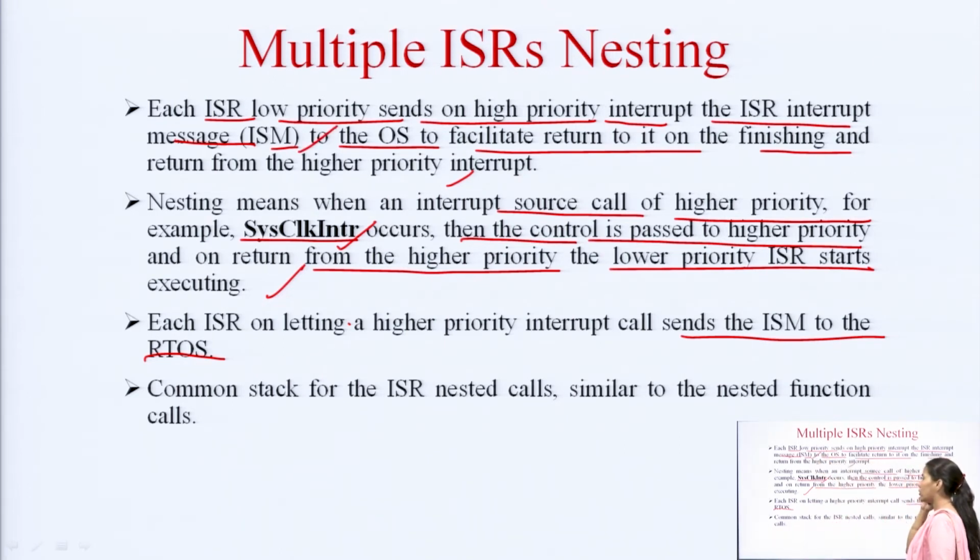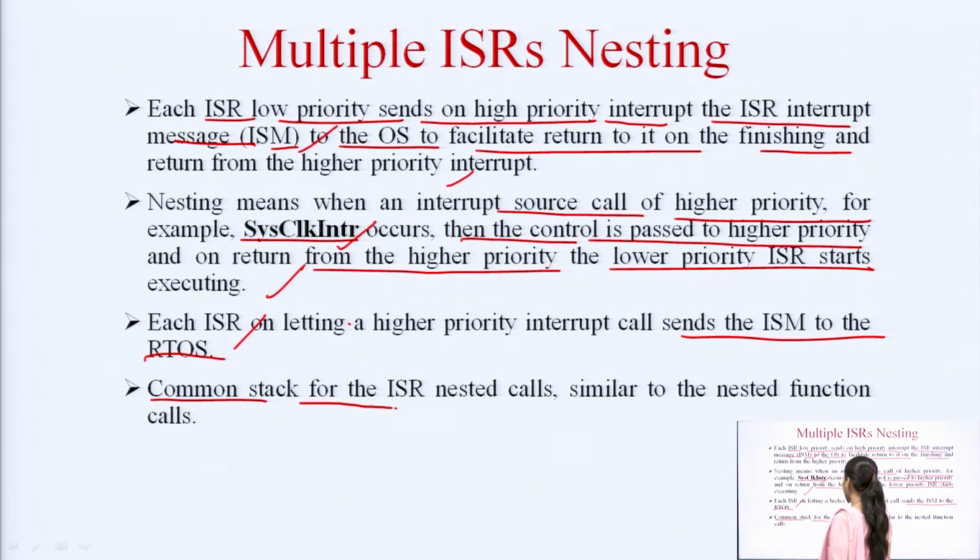Whenever the higher priority interrupt occurs, the interrupt service routine first of all sends the message to the operating system and intimates it about the arrival of the higher priority interrupt.